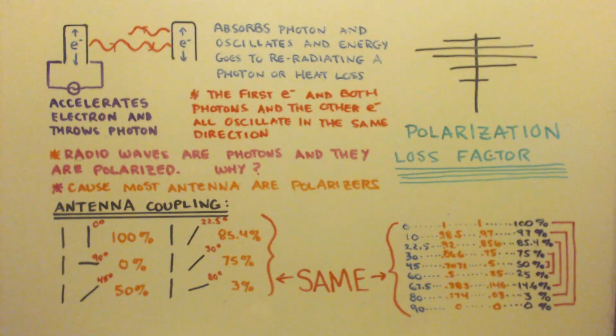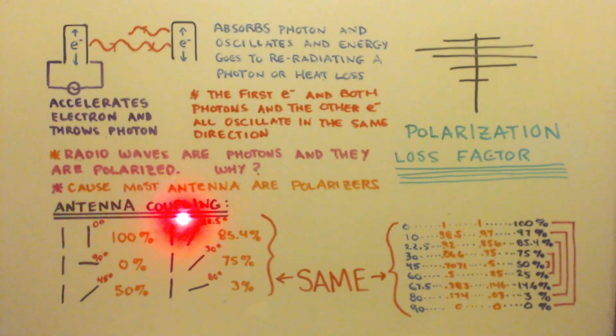Antenna coupling is basically, since they're polarizers, and you know how a polarizer works now, if you have it at 0 degrees, you're going to get all of it. The more you rotate it, the less you get, then you get down to 90 and boom, you have 0%. Same way with an antenna.